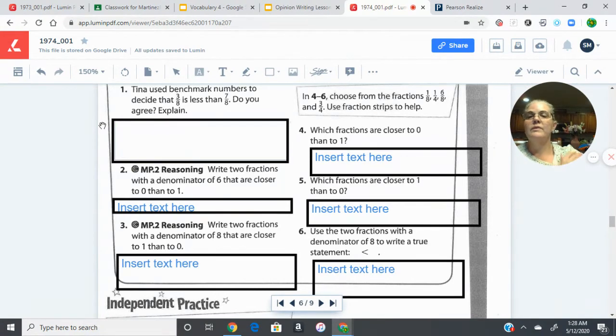All right, so now the next page says, Tina used benchmark numbers to decide that 3/8 is less than 7/8. Do you agree? So think about a number line, 0 to 1, and you're at 3/8 and then 7/8. So would 3/8 be less than 7/8? You want your answer to say yes, since 3/8 is less than half and 7/8 is more than half.